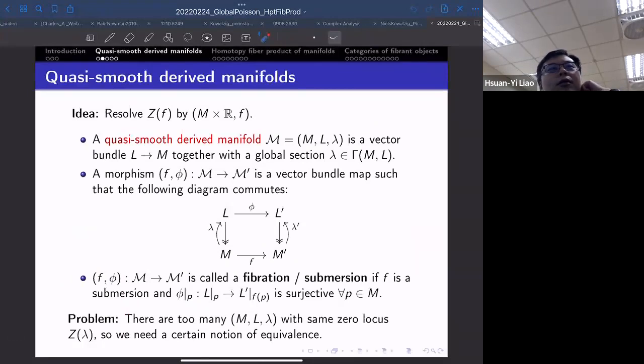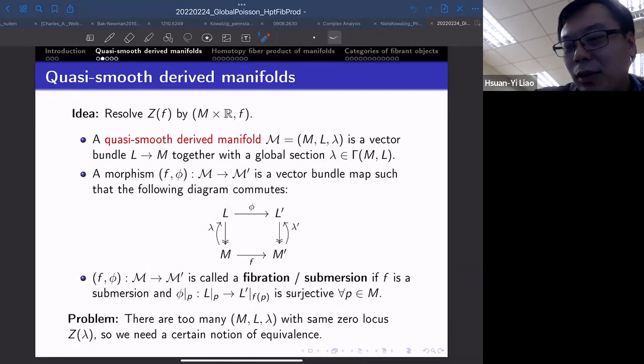Okay, so what do I mean by quasi-smooth derived manifolds? The basic idea is pretty naive. We want to study singular spaces like the zero locus of functions. This might be very singular, so we just replace it by functions. Instead of studying this crazy space, we study these smooth functions together with a big space.